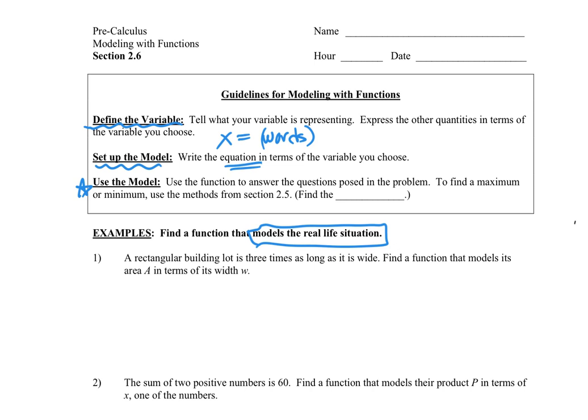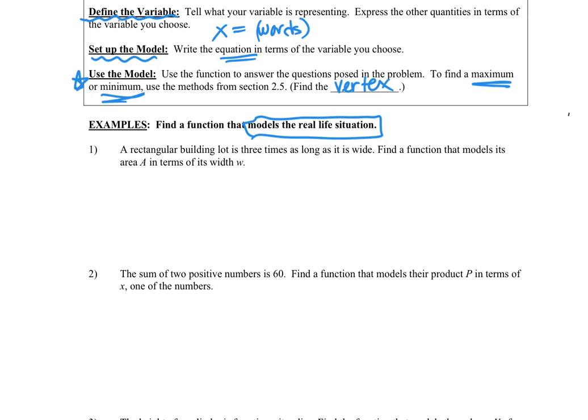On the back side, usually it's going to ask me to find either a maximum or a minimum. And haven't we really just been doing that previously, right? In section 2.5, we found the maximum or the minimum by finding the vertex. So same idea here.